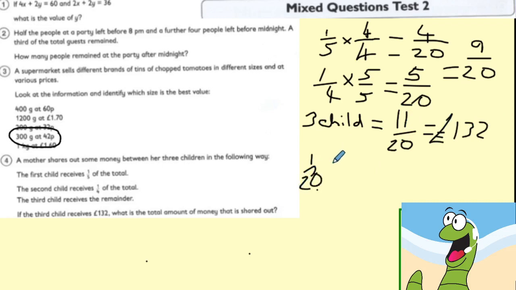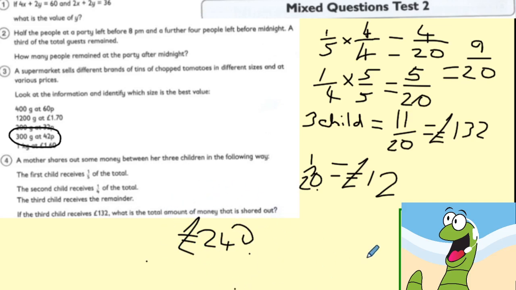that's right, 1/20 will have to equal £12. And so the amount shared out in total is £240. So, confusion about how we come to that £240?